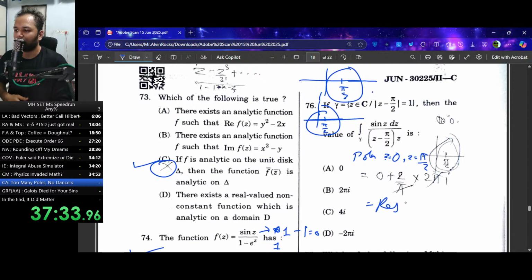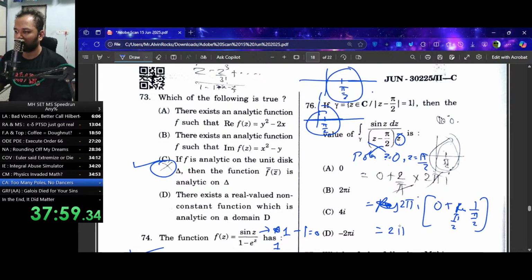So the integral will be 2 pi i times the residue at z is equal to 0. At z is equal to 0, we'll ignore this one and take this, so z of sine of 0 is 0, so 0. When we are checking the residue at pi by 2, we'll ignore this one and see over this 2, so this is 1 over pi by 2. So that's going to be 2 by pi. Pi cancels, 4i is the answer.